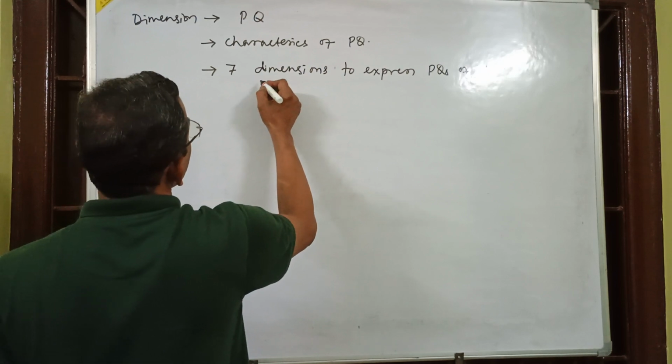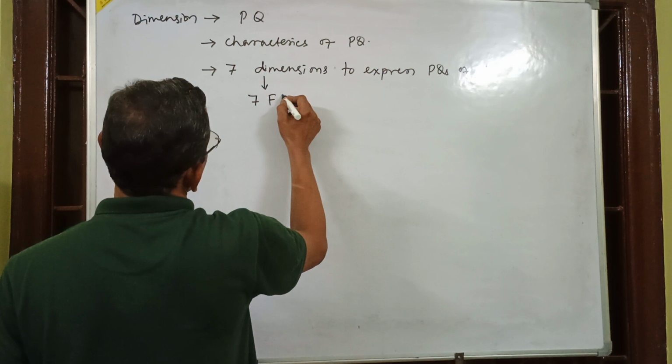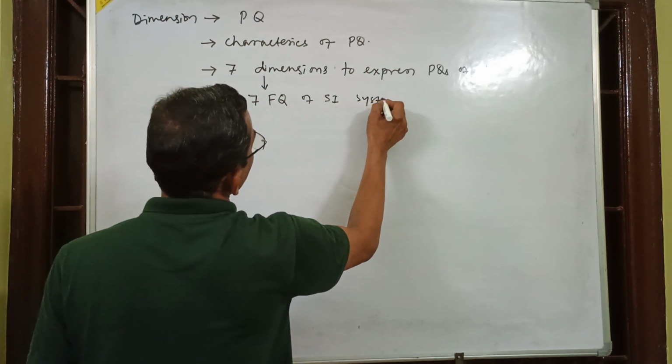These 7 dimensions are the 7 fundamental quantities of the SI system.